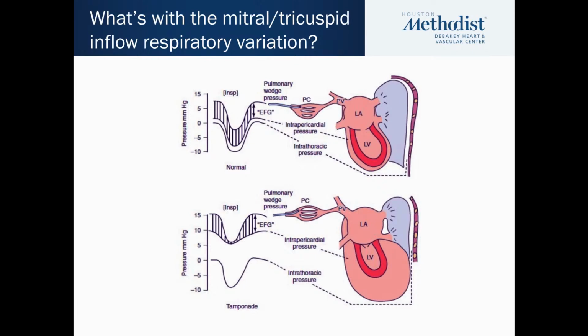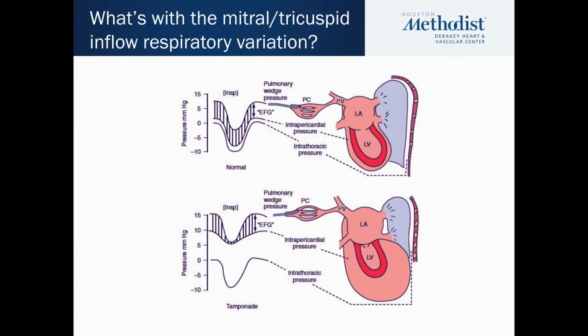To review normal physiology, as the person breathes, as they inspire, the pleural pressure will decrease, usually by somewhere between 5 to 10. It becomes negative to let the air in. That change is transmitted to the pericardium and transmitted to the heart, which are all lying within the same structure.